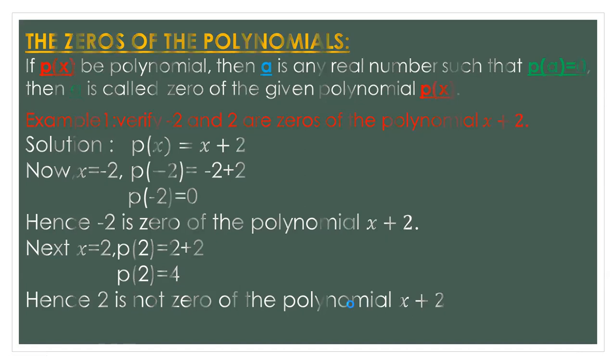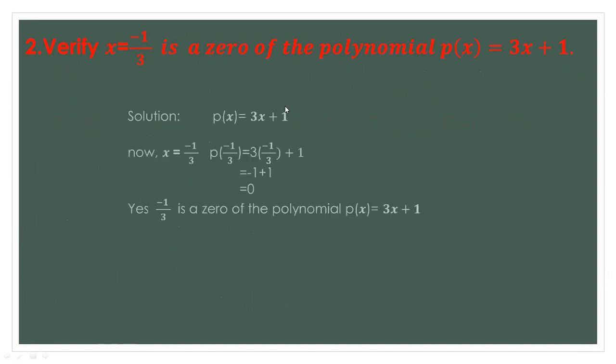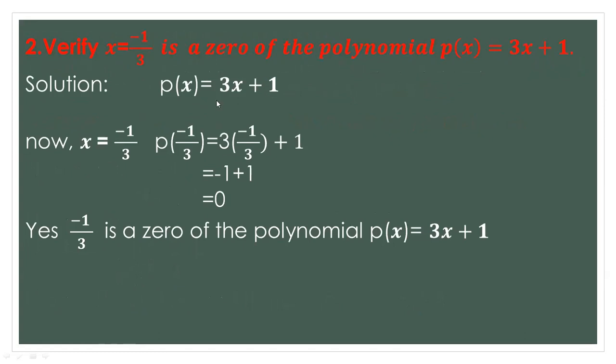Okay, students. So next, one more example for this. Verify x is equal to -1 by 3 is a zero of the polynomial p of x is equal to 3x plus 1. Its solution is p of x is equal to 3x plus 1. Now replace x by -1 by 3 in the given polynomial.